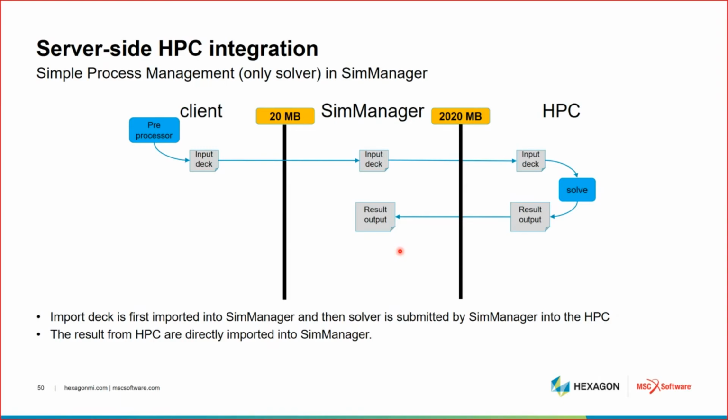Just having SimManager in place to act as a job submission environment makes their life a lot easier, and the automated recovery of results does as well. So you've got a very clear picture of what analysis results have been generated from what input decks. Whereas if you just look on a file system, it's just a collection of files, and you're trying to rely on names, dates and times to understand what inputs generated what outputs, and that's not always straightforward.